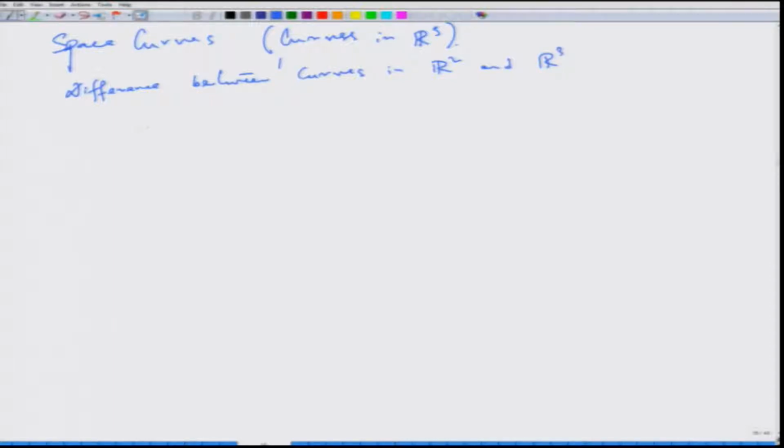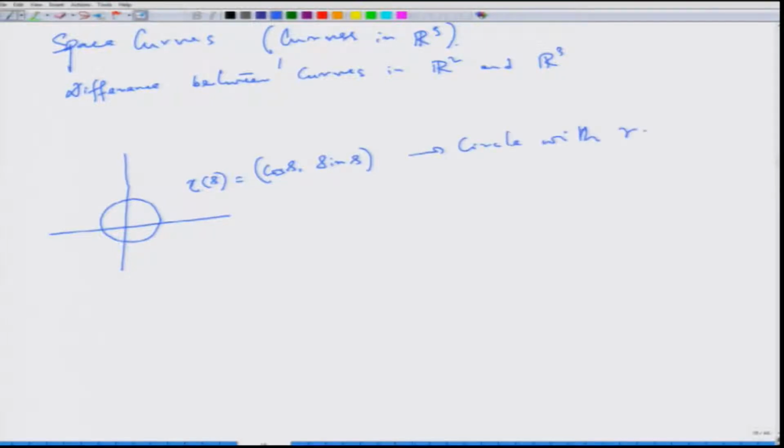Suppose in the first lecture I have given this example: a circle, let us say gamma s equal to cos s, sin s, a circle with radius 1, unit speed parameterization, right.